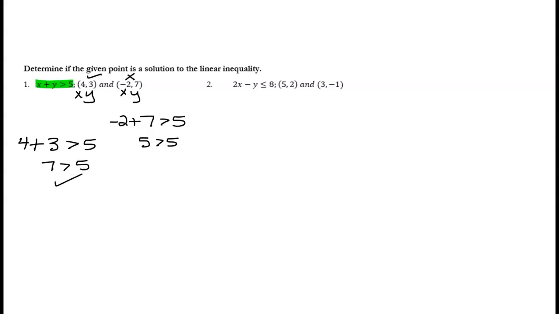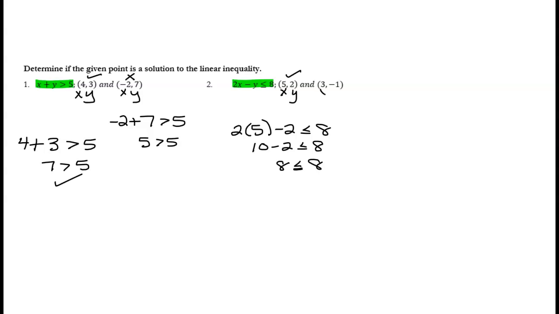Okay, let's try one more. Again, here's my equation. I have my x value and my y value. So I plug in my x. 2 times 5 minus 2 has to be less than or equal to 8. Well, this is 10 minus 2. So it's 8 is less than or equal to 8. And this time it works because it's underlined. So that one's good.